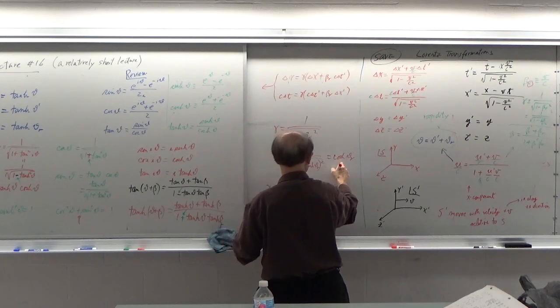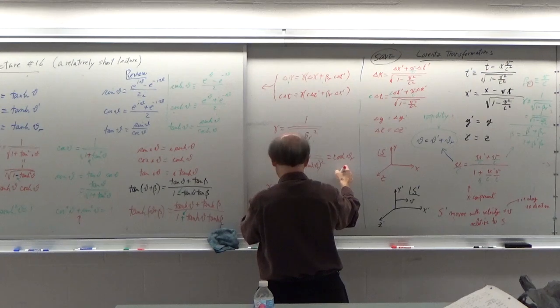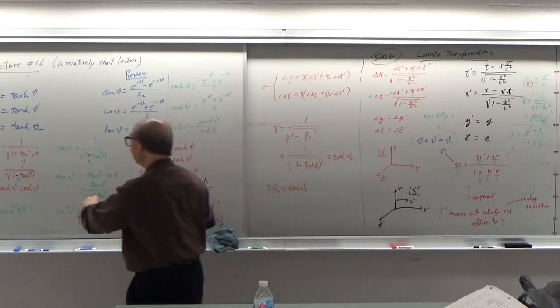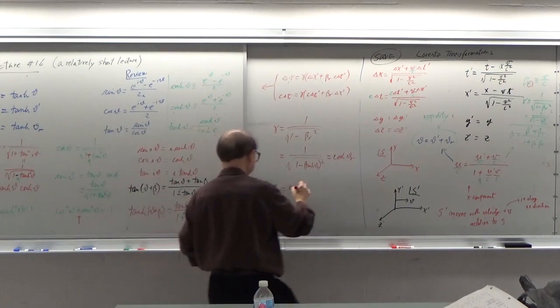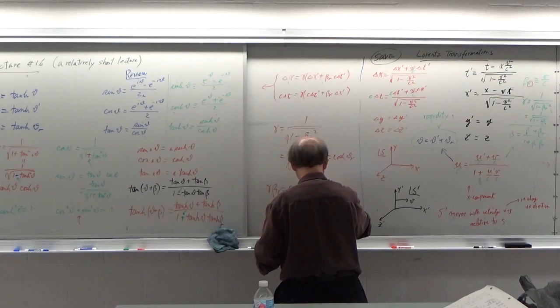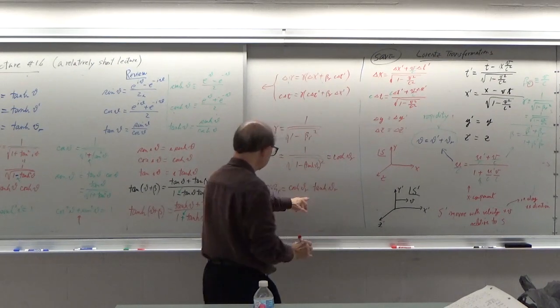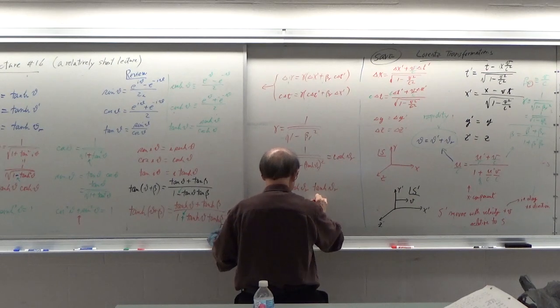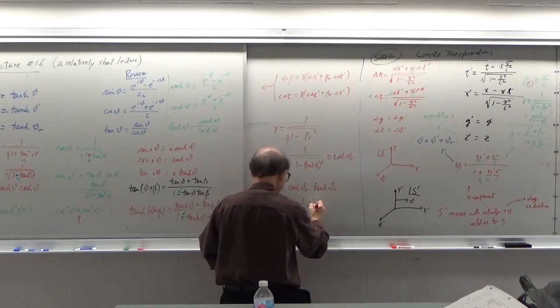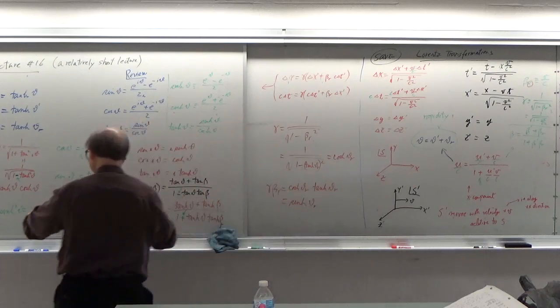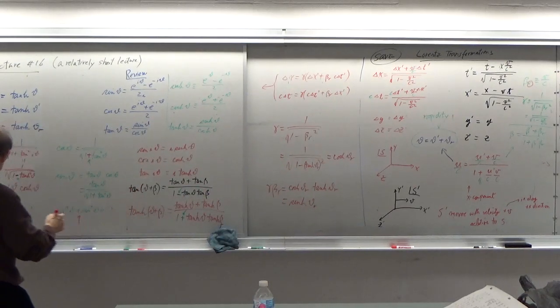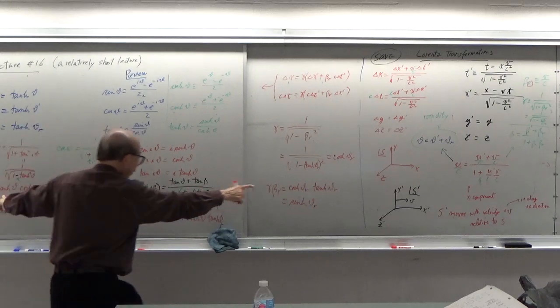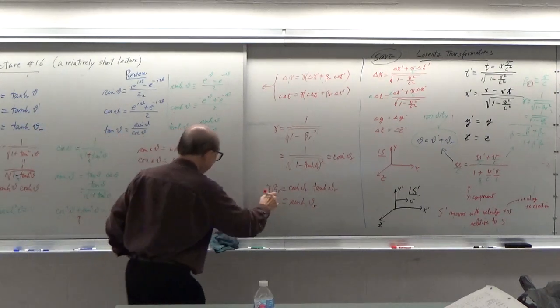This of course is cos theta r, times beta r is tangent theta r. So this is nothing but the hyperbolic sine function of theta r: cos times tangent is sinh.